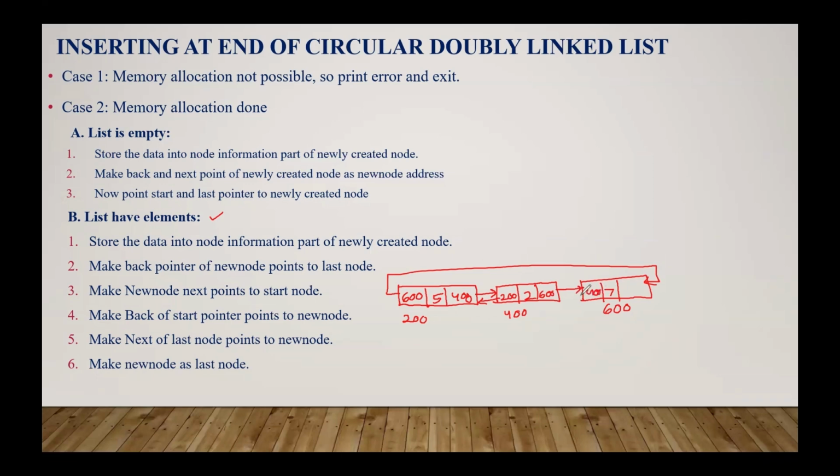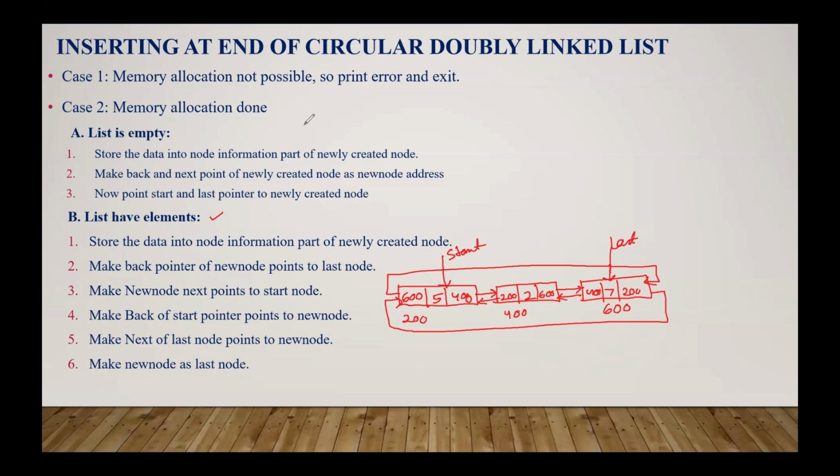The back address, previous address, stores the first address 200. So now it points to this node. This is our circular doubly linked list. This is the start node pointer. This is the pointer to the last node.